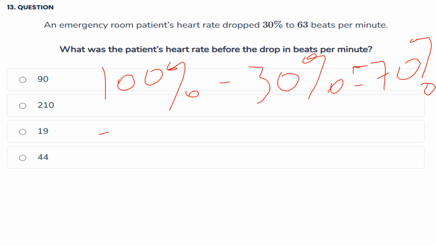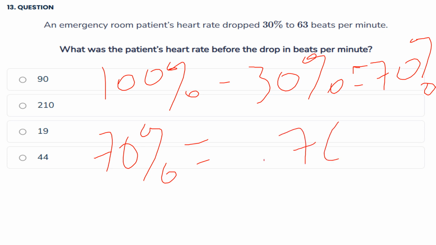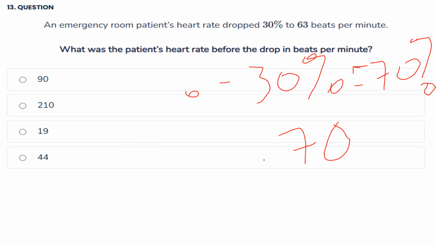So 70% as a decimal equals 0.70. All right, so that's what we're going to use for our equation, so we can figure out what the patient's original heart rate was.